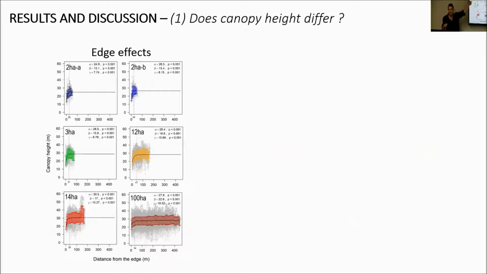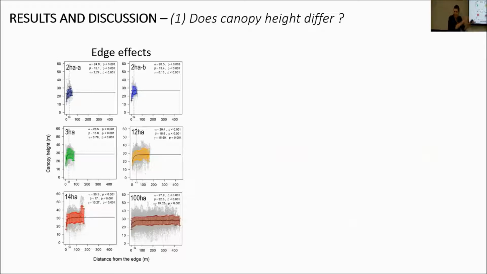Basically, this indicates the height of the edge, and gamma is the rate of change. The rate of change was significant for everyone.